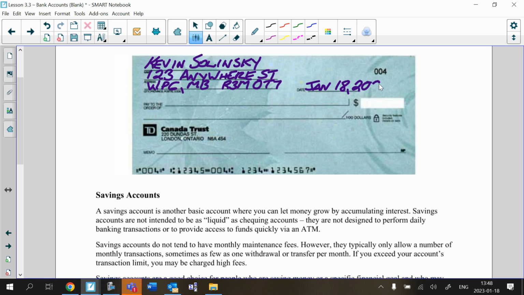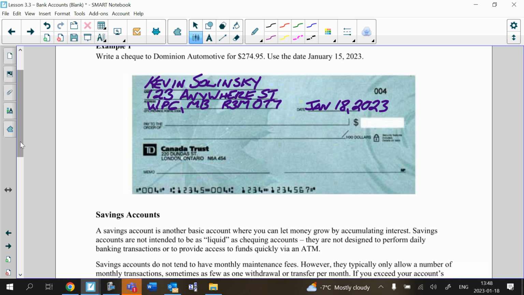And the amount that we are paying is $274.95. Then you've got to write the dollar portion in words. The cents portion you can just put here. So that represents the 95 cents.